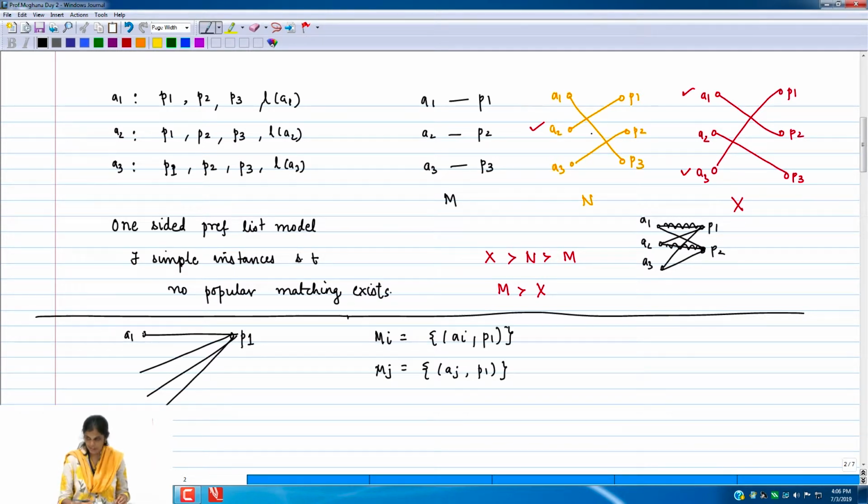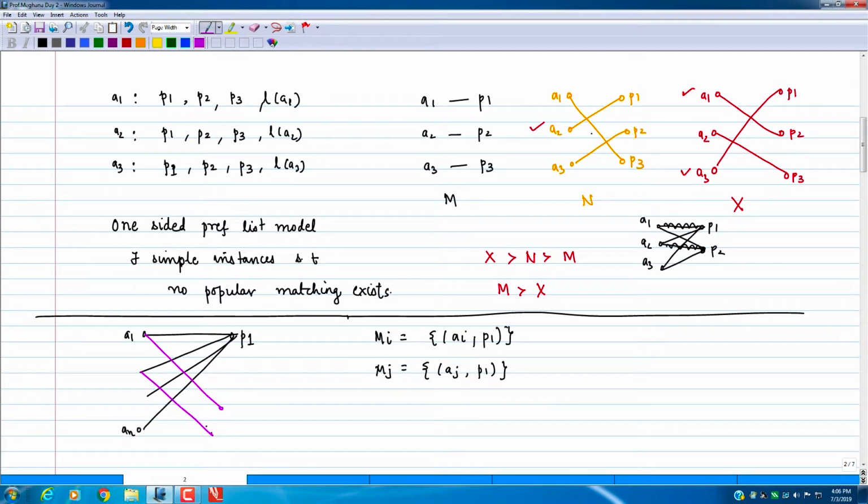So the original graph has n edges, the reduced graph has 2n edges, because everybody adds this dummy edge which we had called a pink edge, and now you can find an applicant complete matching which matches any one of them to its F post and everybody else to its S post, which is actually a dummy post.